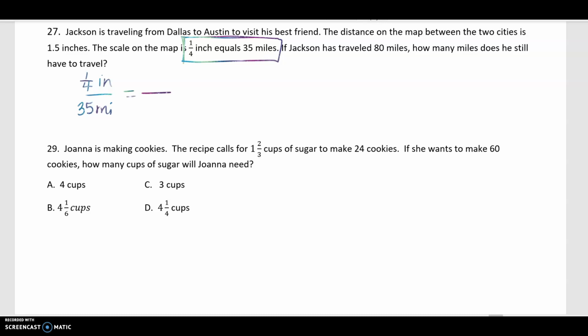And it says that the distance on the map between the two cities is 1.5 inches. So inches is on top, so 1.5 inches. So we need to know the actual distance from Dallas to Austin. Okay, that's our first step.